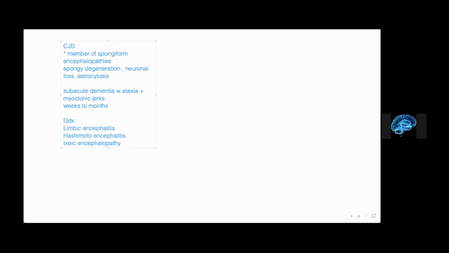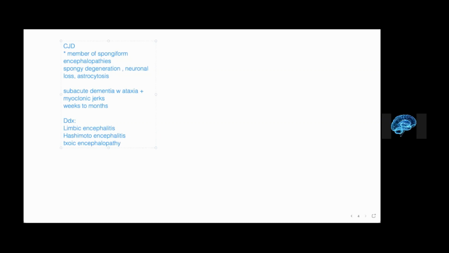Okay, no worries. So this is probably an extension. On investigation, what else can you see? I'll give you a hint. I'm doing a lumbar puncture. Talking about investigations for CJD or toxic encephalopathy?